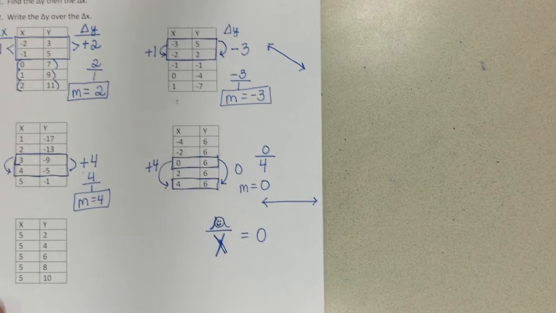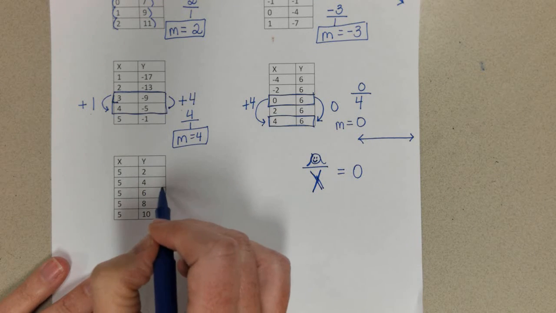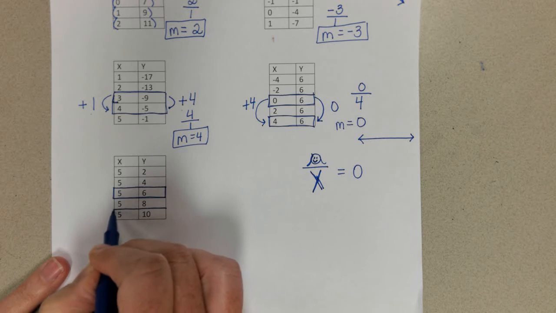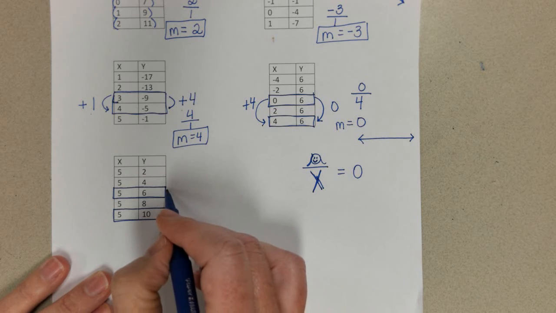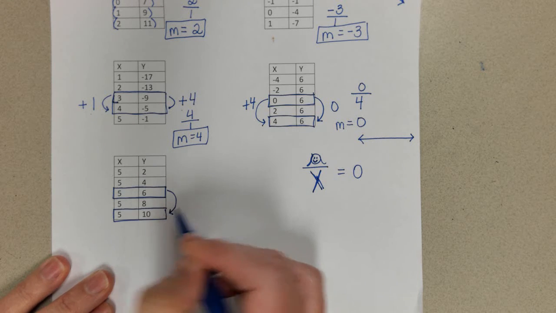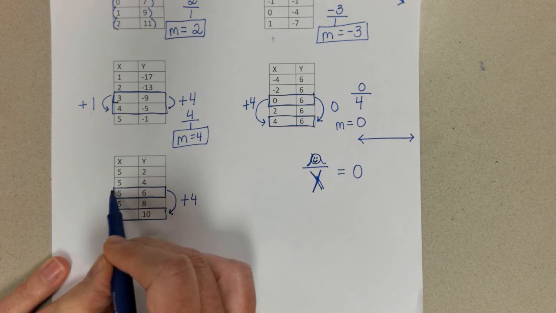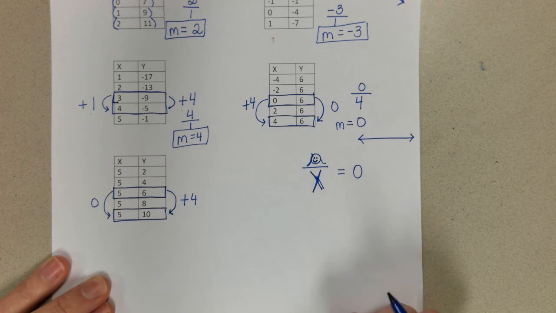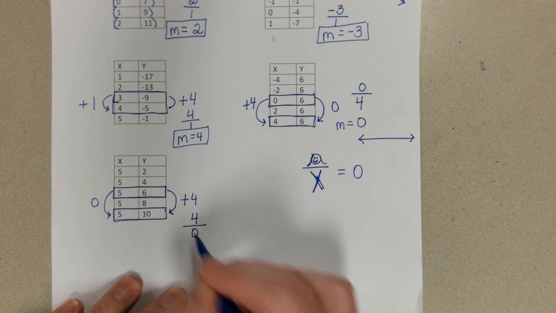Okay, but what you're going to see on this one, let's look at this one now. Again, just for fun, let's pick 2 points that aren't together. So I'm going to use these 2 points. The change from 6 to 10 is adding 4. The change from 5 to 10 is 0. So the change in y over the change in x.